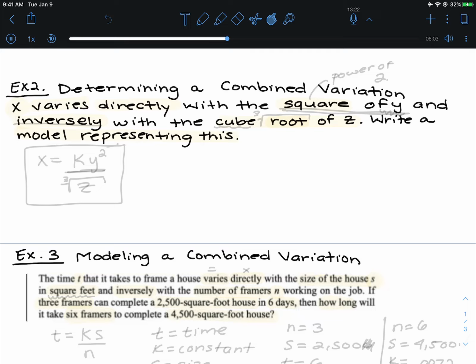So X varies directly. So X varies, so that means X equals. X is going to equal directly with the square of Y. Well, square, we know, is like a power of 2. So whenever you see square, that means power of 2.